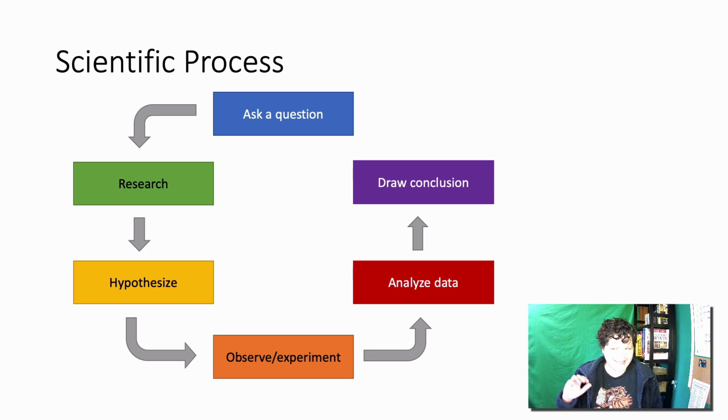Well, of course, in the real world, even though we kind of go through this, a lot of times the conclusion that we draw at the end of an experiment is, wait, that's not really enough data. I'm not 100% sure. So we might actually have an arrow, which I forgot to put in here, that goes back to the observe/experiment step.